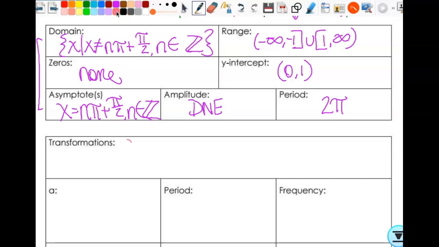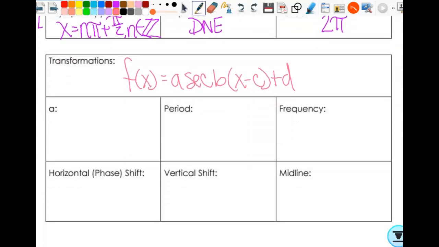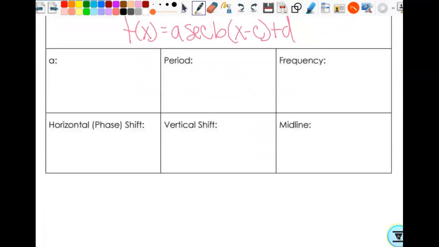My transformations, f of x equals a times the secant of b times x minus c plus d. By now, hopefully you could just fill this stuff in without me. A is still absolute value of a. Absolute value of a, still your vertical stretch or compression.